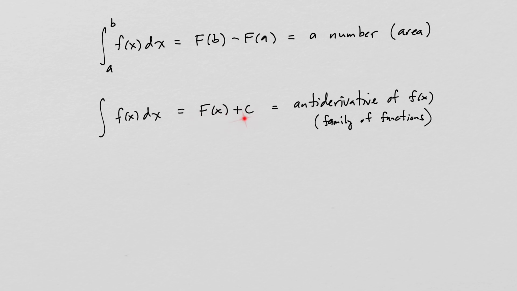And the most general antiderivative means you need to add an arbitrary constant. This is a function. In fact, it is a family of functions, because this arbitrary constant could technically be any number. So it's really important to understand the difference between these two things. And it's also important to understand that these are very similar at the same time. In other words, they both involve the antiderivative.